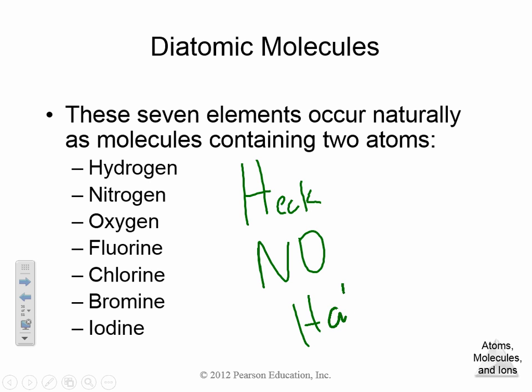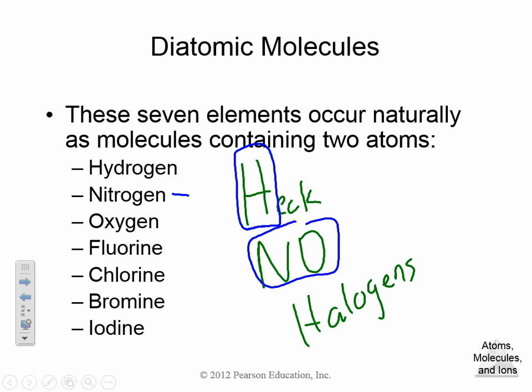The H is hydrogen, the N and the O are nitrogen and oxygen, and then the remainder are the halogens. So "heck no halogens" is a way to remember that those 7 elements are diatomic, and anytime you write them, hydrogen is H2, fluorine would be F2, iodine would be I2, and that's how they exist naturally. So just a little reminder on that front.